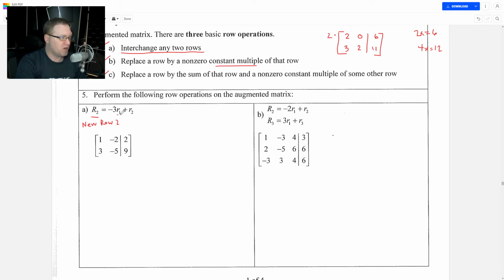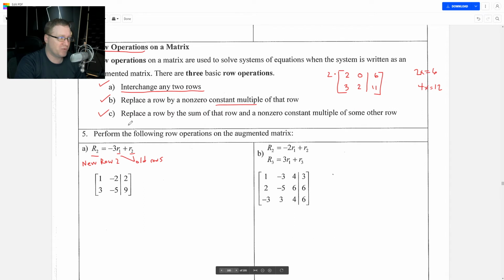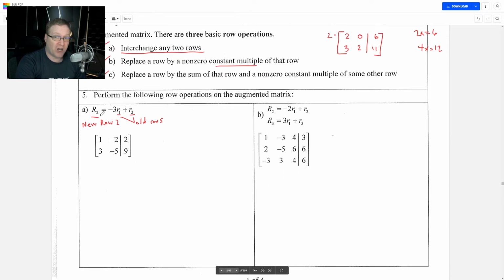And then the little R1 and the little R2 are the old rows, all right? So when we're doing these row operations, if you see a big R, that means the new row. And if you see the little r, that means the old rows, all right?